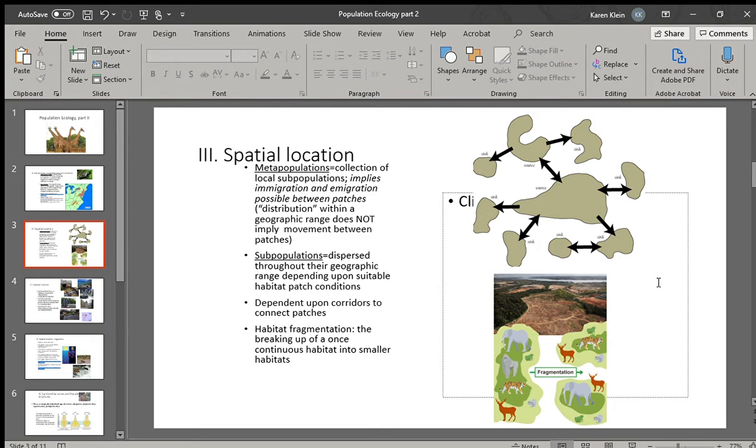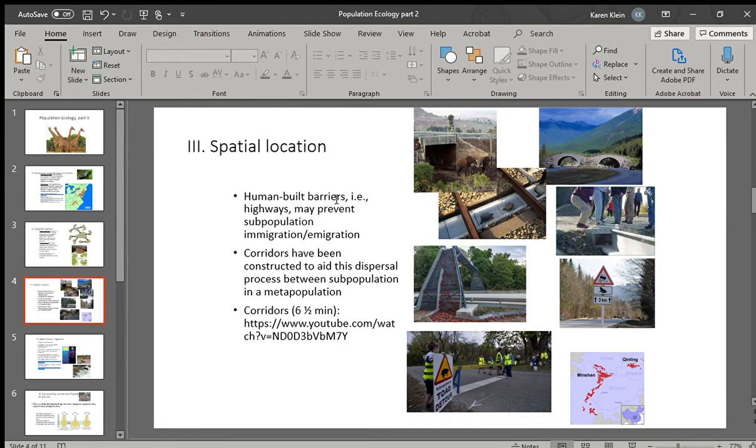Or you may have inbreeding occur, and you risk that population no longer being able to live there. And so our conservation efforts focus on maintaining or reestablishing corridors between habitat patches.